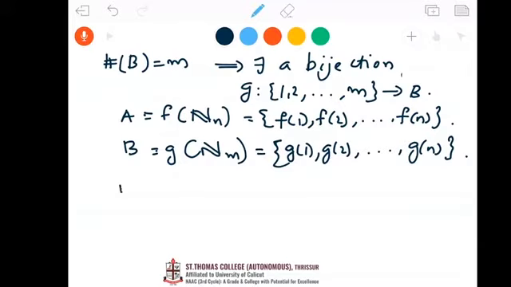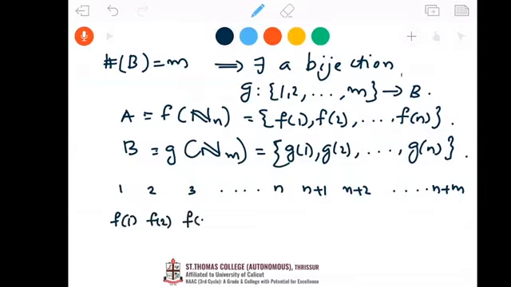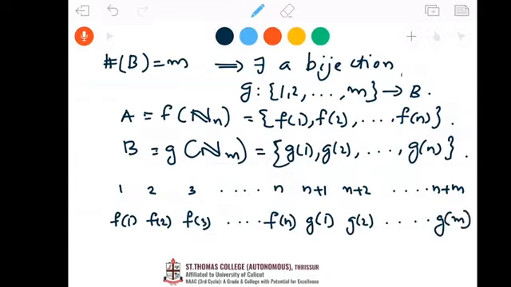Here I have 1, 2, 3, etc., n, then n plus 1, n plus 2, etc. Here I have n plus m, and I am writing A union B here. f of 1, f of 2, f of 3, etc., f of n, then A is over, I am starting B. It is g of 1, g of 2, etc., g of m.